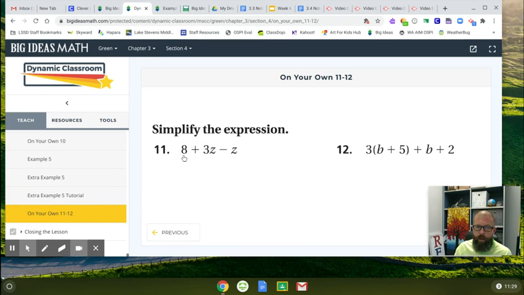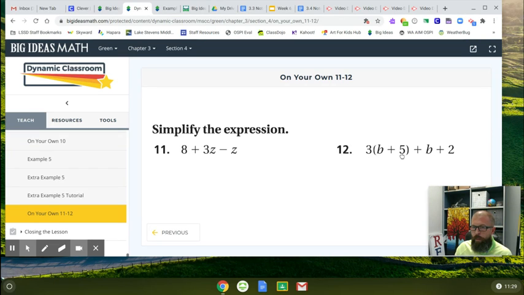So 8 plus 3z minus z. Well, I see these are like terms. 3z minus 1z, right? So that gives me how many z's? 2 z's. So I end up with 8 plus 2z because 3z minus 1z is 2z.